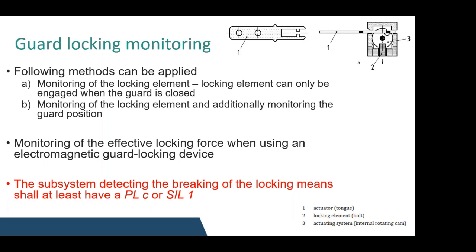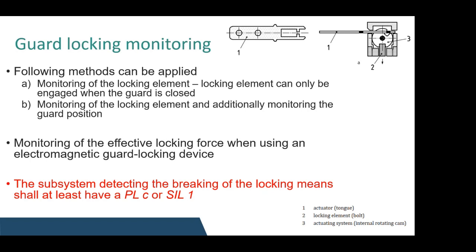Or we do the monitoring of the locking element and additionally monitoring of the guard position. When we use electromagnetic force to perform guard locking, then we also have to measure the effective locking force. And in the new standard, it's also said that the subsystem detecting the breaking of the locking means shall have at least a performance level C or SIL 1.